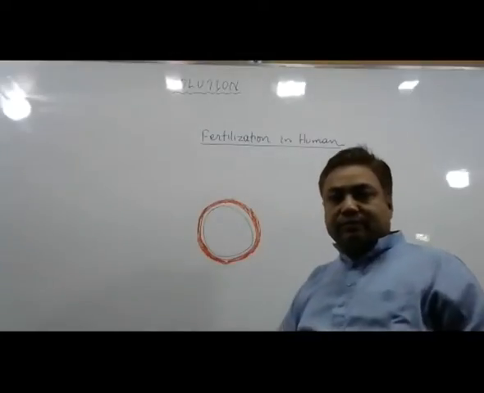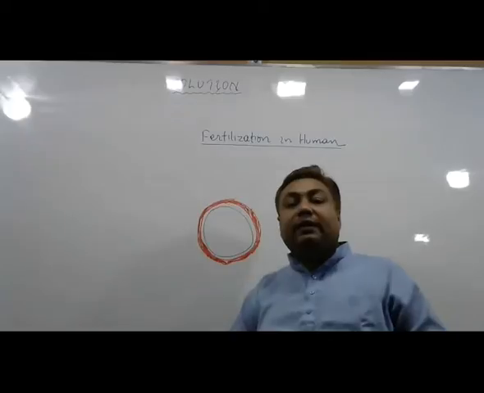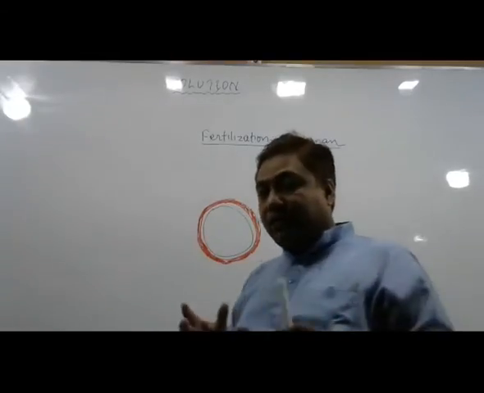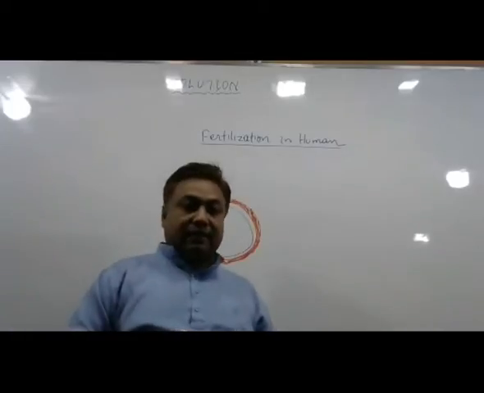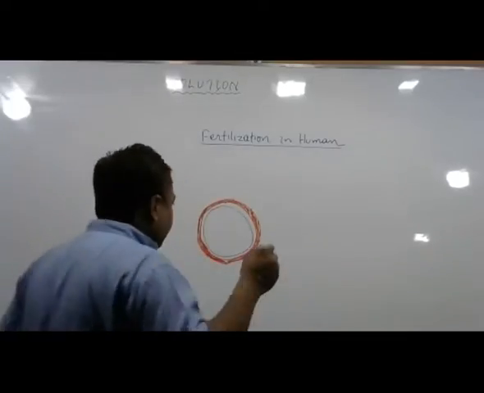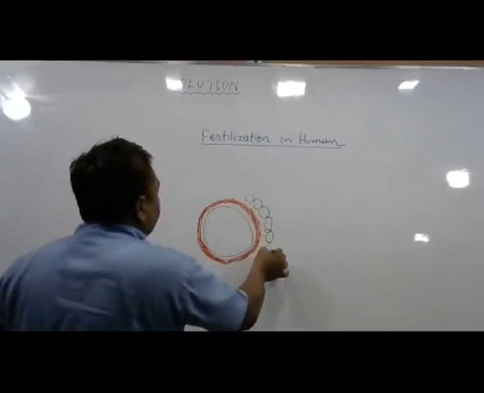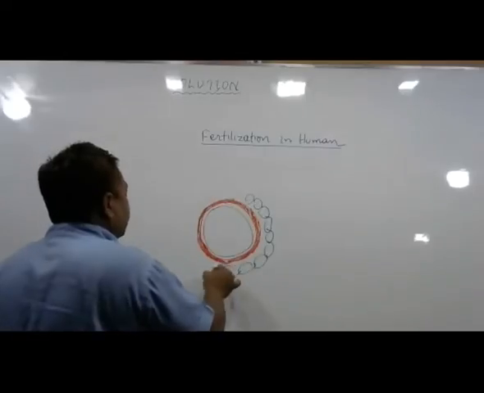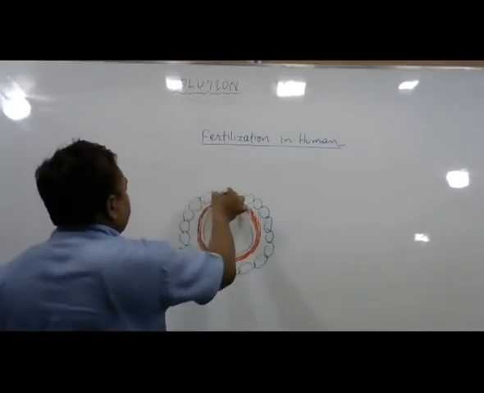And the zona pellucida is surrounded by several layers of cells known as corona radiata.